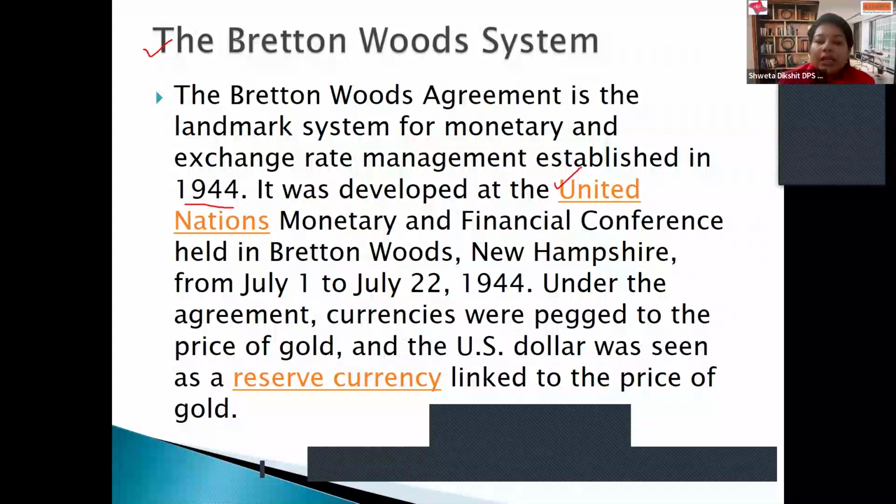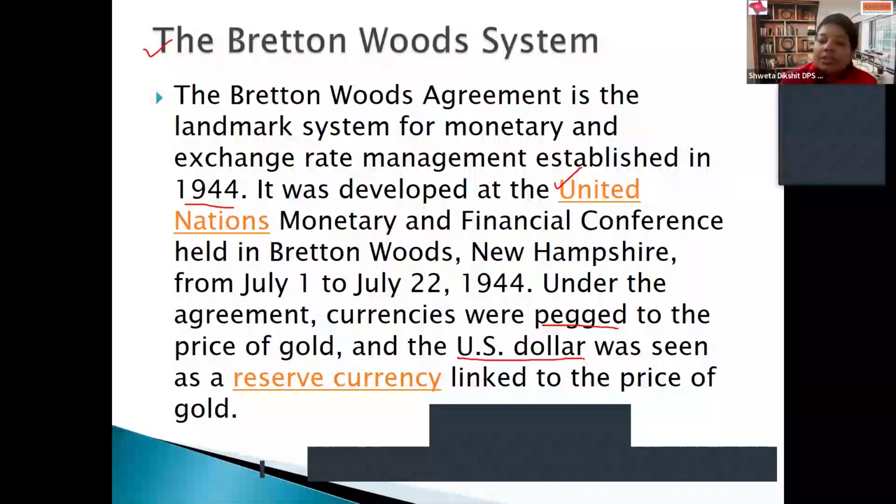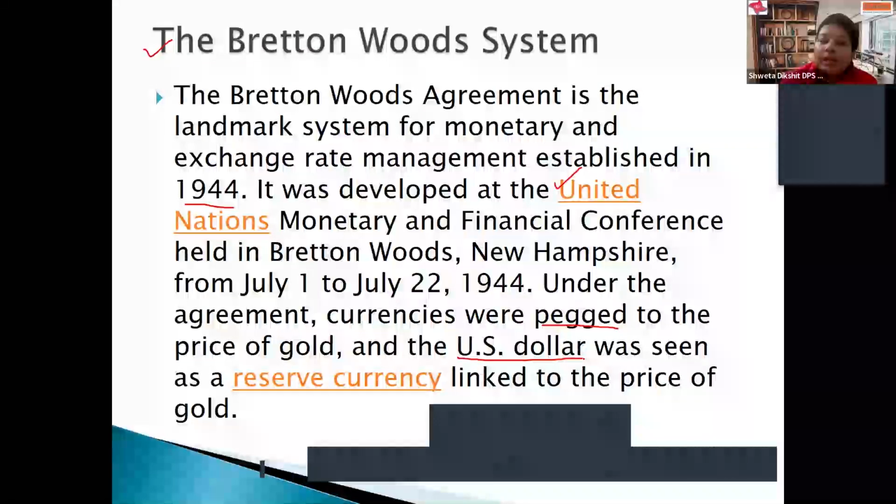There they concluded that instead of pegging currencies against gold, it's better to peg them against something else. And what was that common thing? That was the US dollar. They all agreed on pegging their currencies against the US dollar.